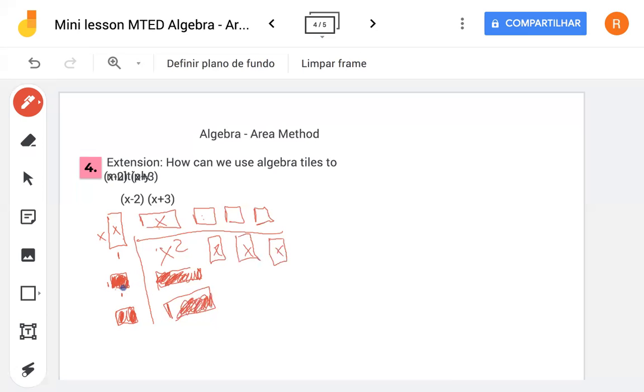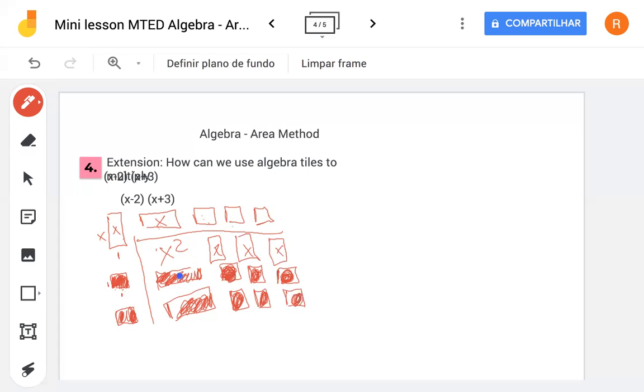And here, I have negative 1 times positive 1. Negative 1 times 1 is negative 1. So let's do 3 times this line here. The same here. Negative 1 times positive 1 will be negative. So now let's see what we have here.